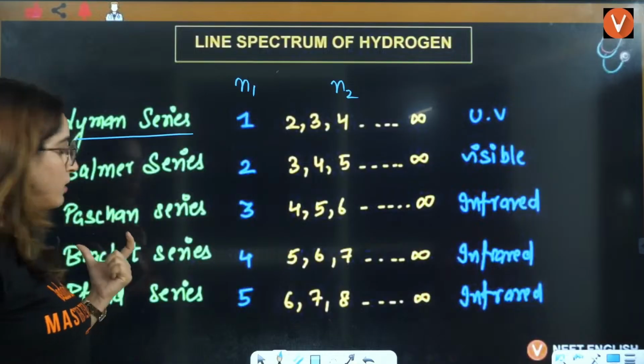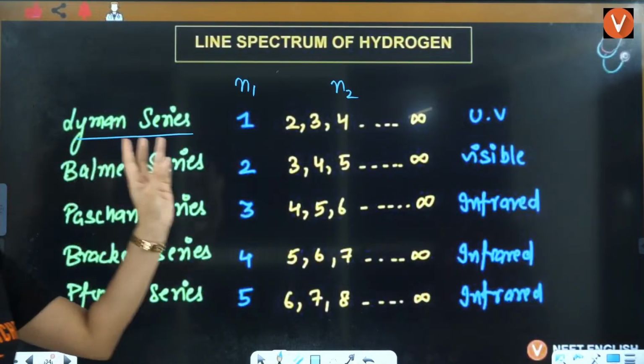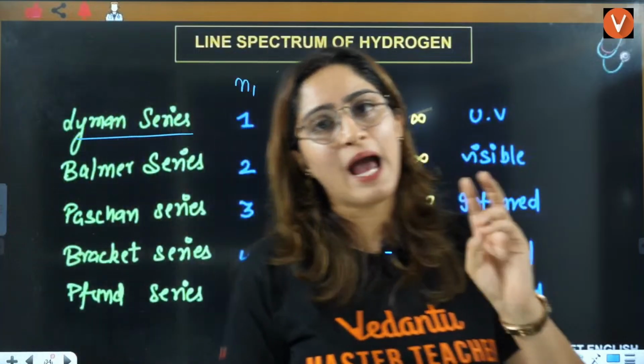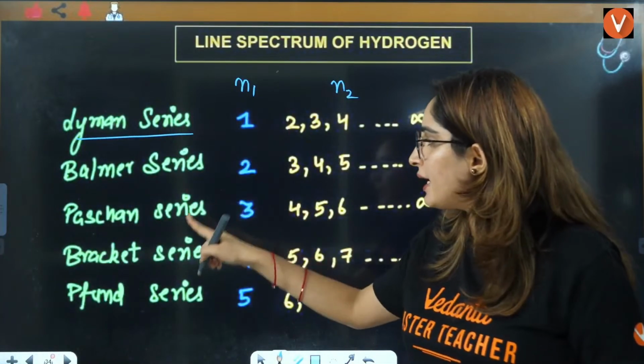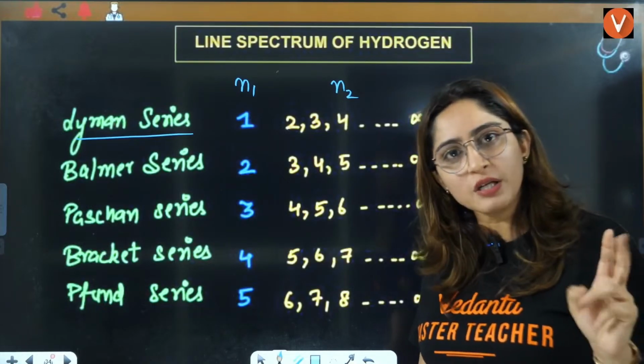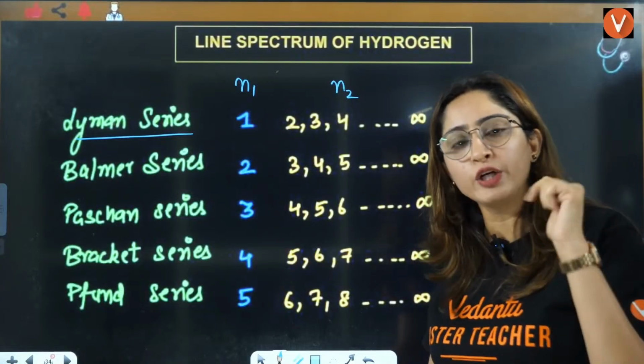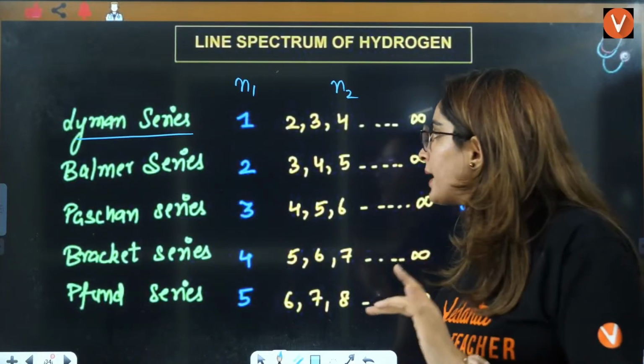Balmer 2, Paschen 3, Brackett 4, Pfund 5. Lyman, Balmer, Paschen, Brackett, Pfund: 1, 2, 3, 4, 5. Okay.